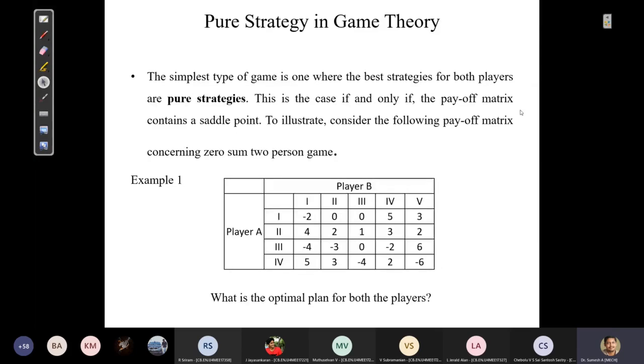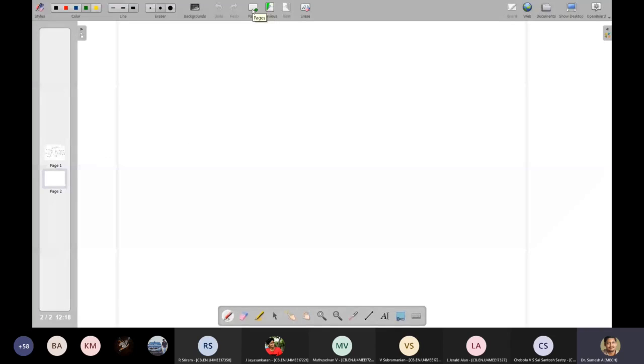minimax and maximin principle. I have limited our game to two-person zero-sum game.